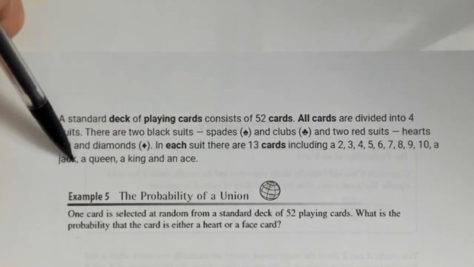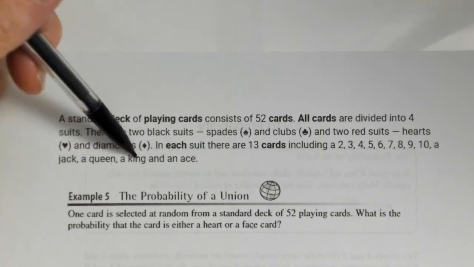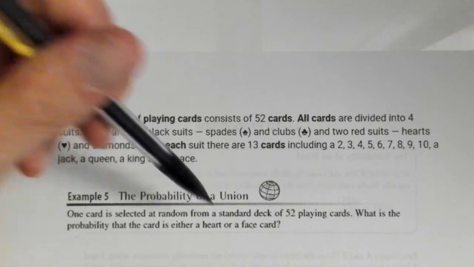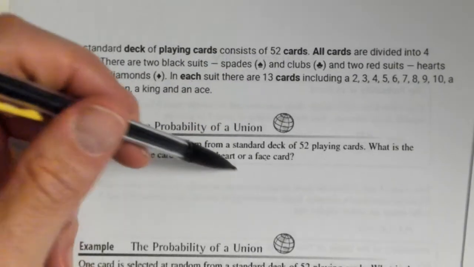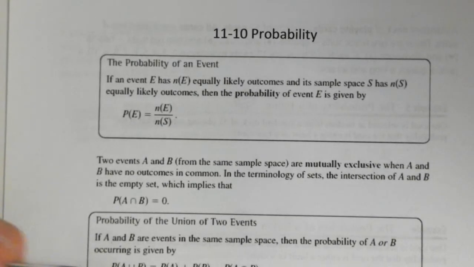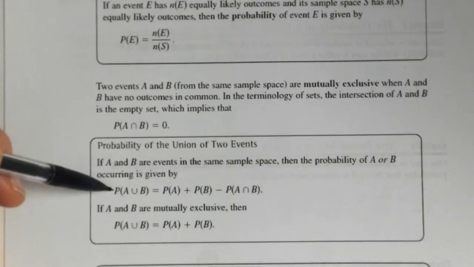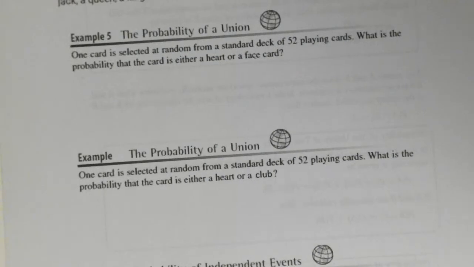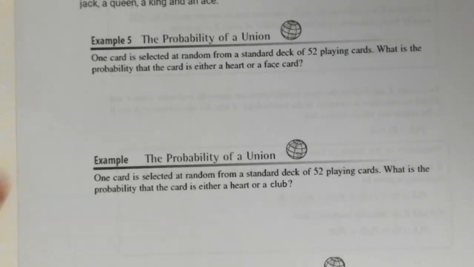So there are 3 face cards that are also hearts. Since they overlap, these are not mutually exclusive, and we'll have to use this first formula: the probability of the union of those two things.